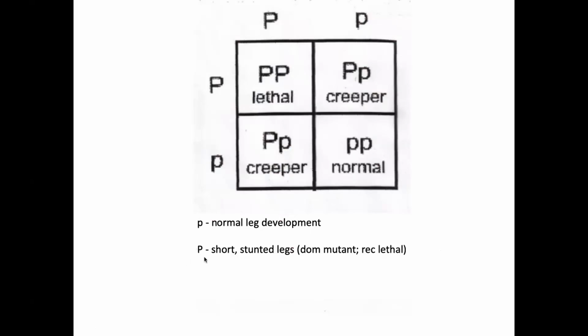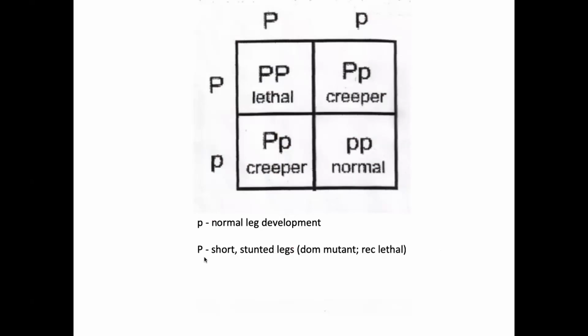Okay, so animals that have these malformed legs are what are called creepers. The idea is that you can never recover a pure breeding creeper. So what that suggests is that they're heterozygous.